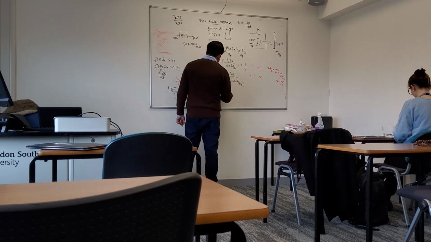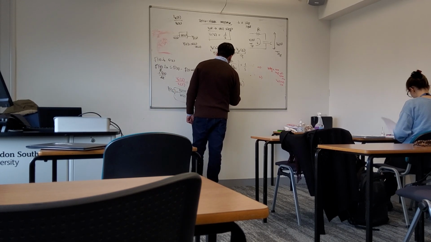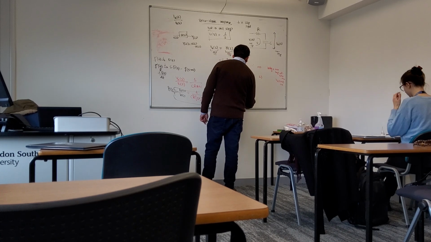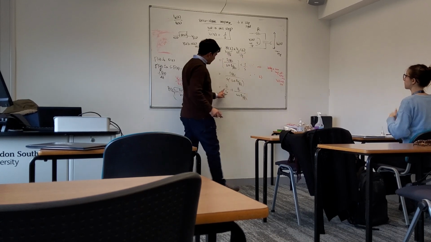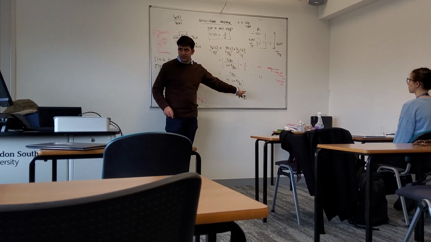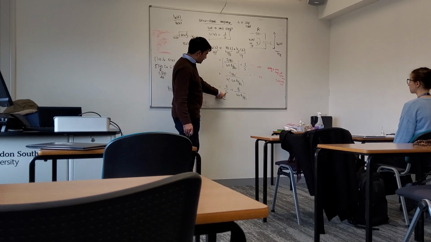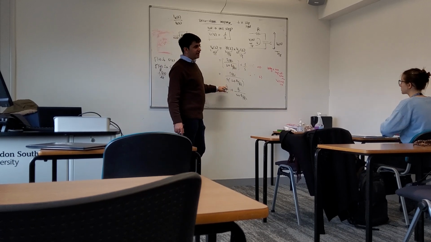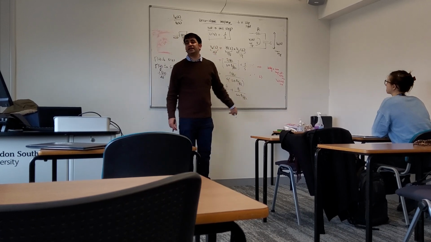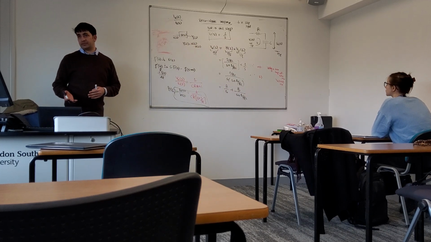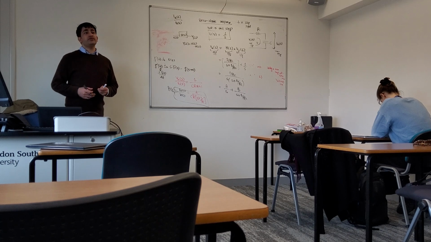If I write it in the form of A divided by s plus B divided by s plus 1 by RC, if I know A, if I know B, I know what the system response is, right? If I know A and B, I can say this is 1, whatever is A, and this is e power minus t by RC, right? So I can get a time domain function from this. And this would be the zero state response to a step input.